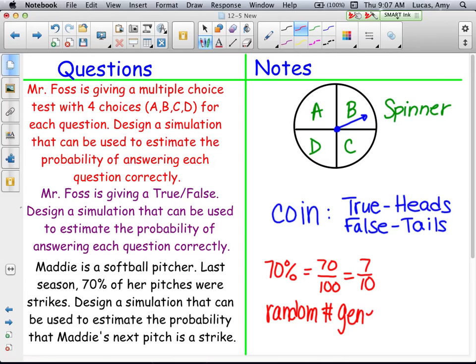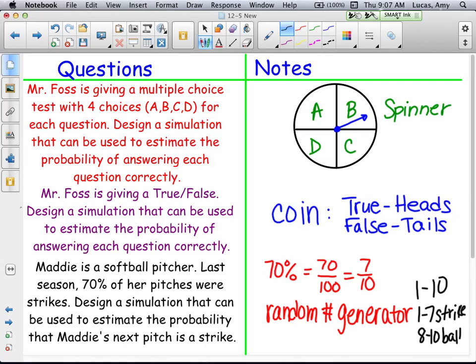And what I'm going to do is not use 100 numbers. I'm just going to use 10. So 1 to 10, and I'm going to say 1 to 7 would be a strike, and then 8 to 10 would be a ball.